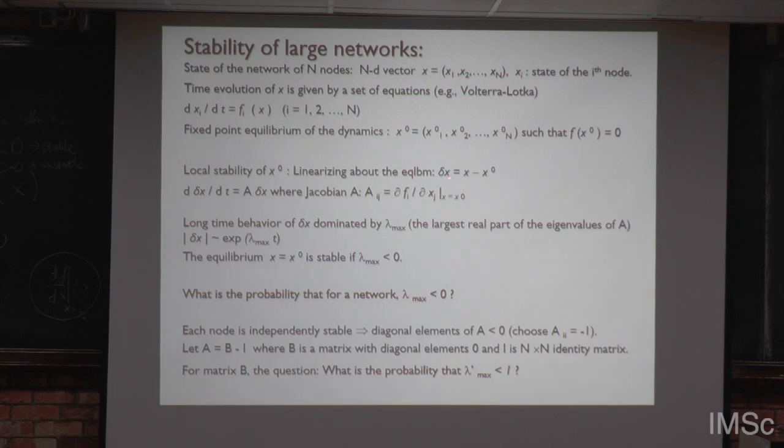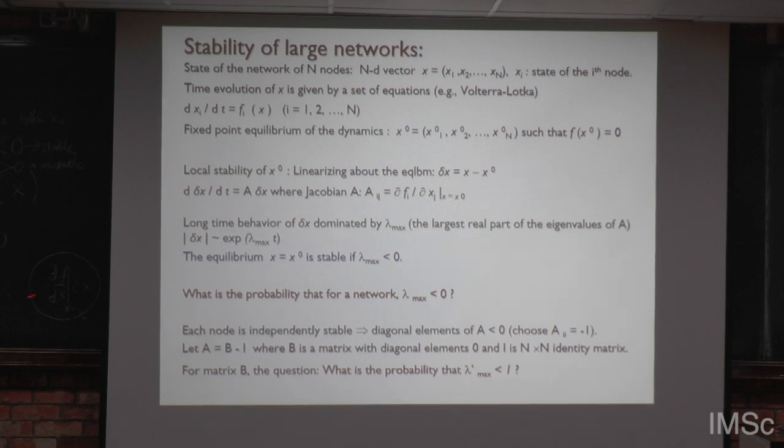You're interested in this disturbance delta x, which is simply the difference between the equilibrium and your current state, and you can study how this perturbation grows or decays with time as a differential equation which describes the time evolution of delta x.